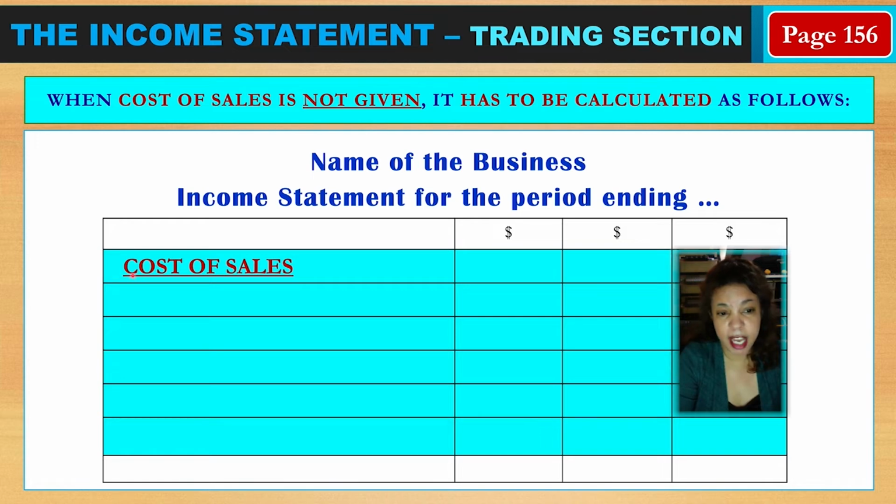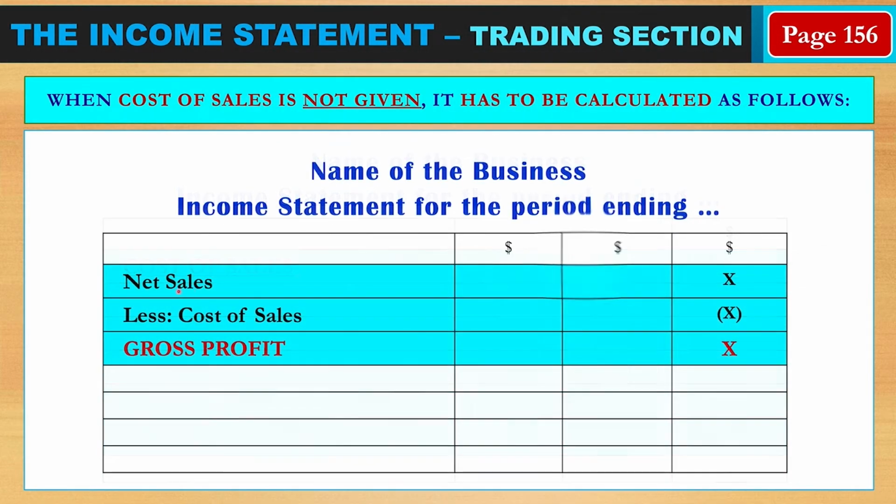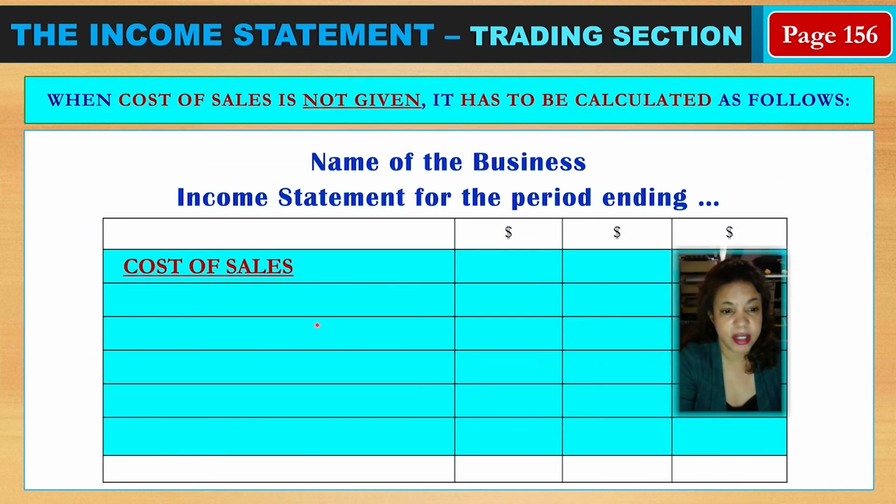I put this in capital letters and I underlined just to emphasize this is not like previously where it was less cost of sales and an amount. No, this time we actually have to do calculations. So this is a heading. There is no amount to go here because we now have to go and calculate that amount.